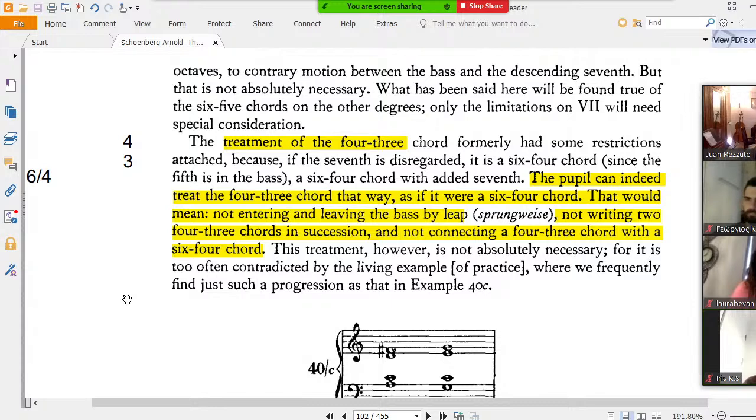Why does he say that? Why do you think that he's very specific in that, in a 6/4 chord? It has to do with the function, actually. Remember chapter 1 in the Kaplan.